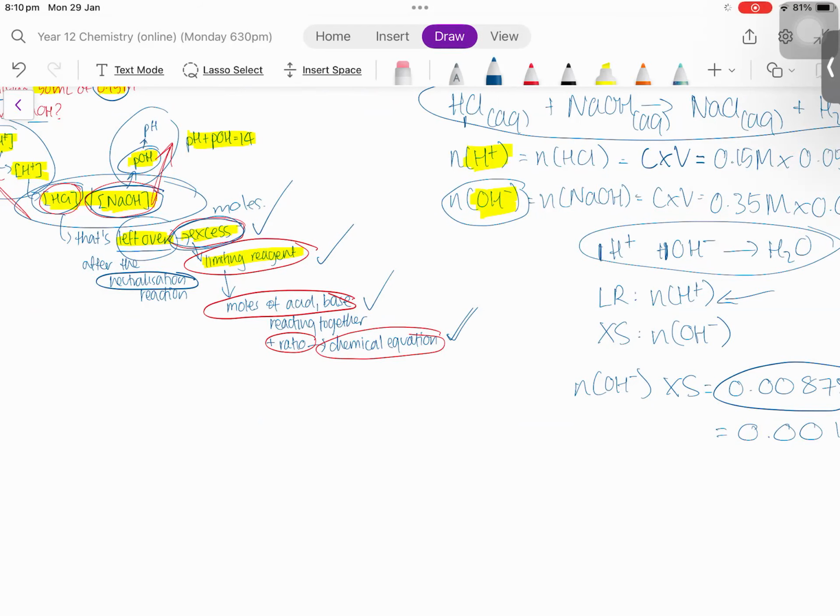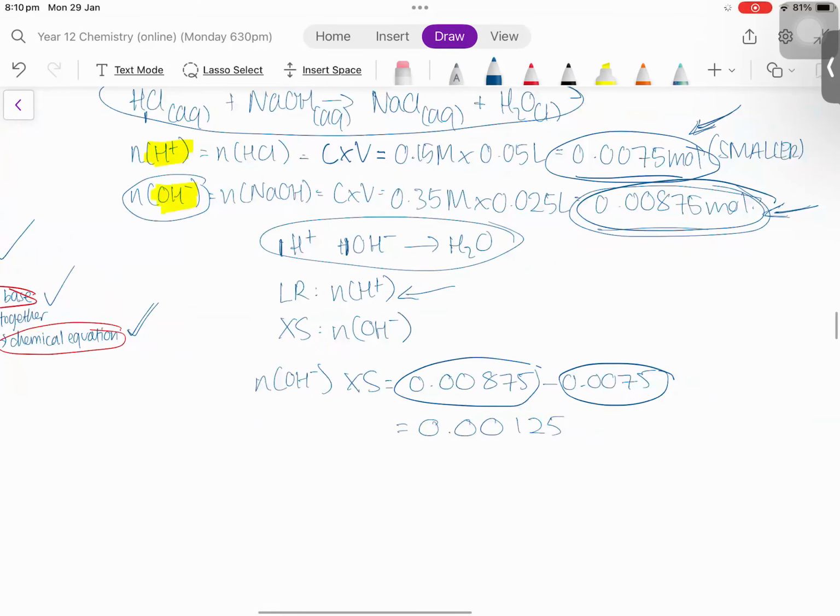Working backwards, I now go to calculate the concentration. So concentration of OH minus is moles over volume, which is 0.00125 moles, divided by the total volume now, because I've mixed the two solutions together. The volume is 0.05 plus 0.025 liters, because I've mixed the two together now. It's not just one volume anymore.